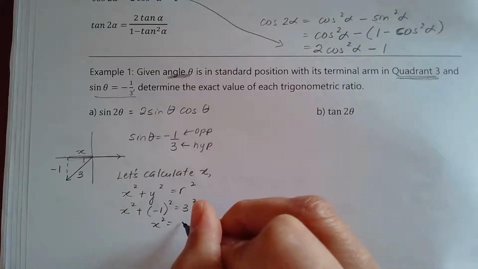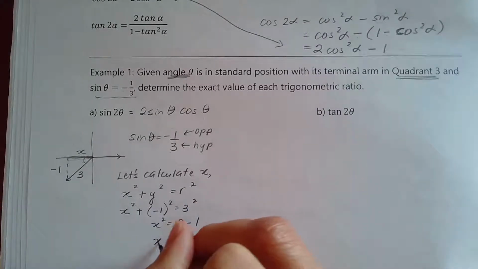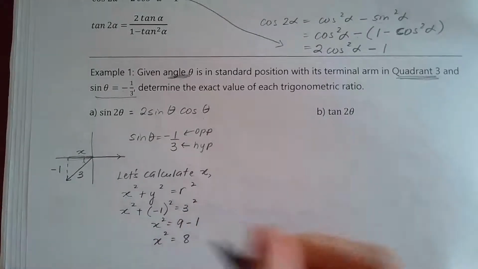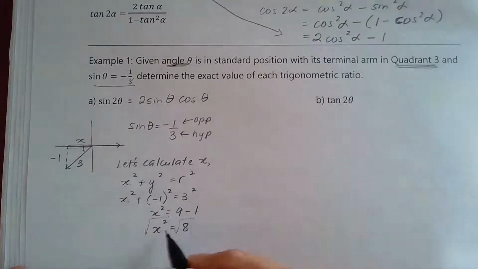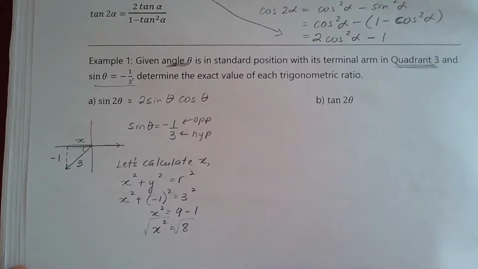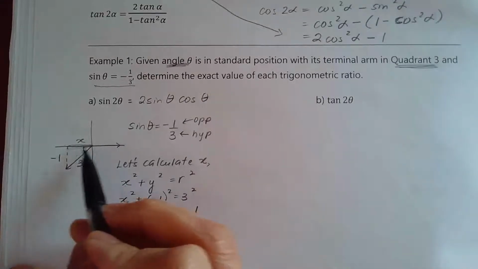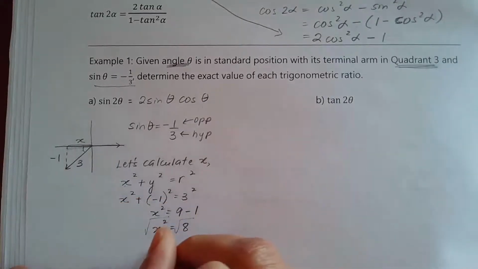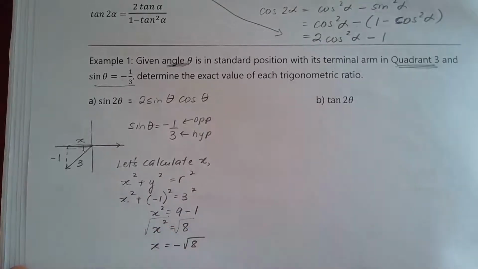So that's 9 minus 1, so x squared is equal to 8. And then we have to take the square root of that. When we take the square root, we have a plus and minus value. But because this is in the third quadrant, we're going to take the negative square root of 8.